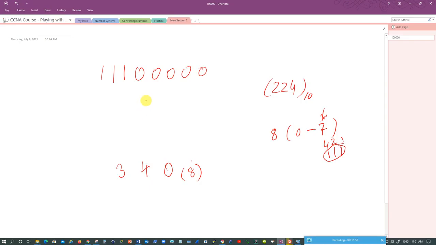Because I am converting now to hexadecimal and I know hexadecimal's highest digit is 15, and 15 can be represented using a maximum of 4 bits. Even if I take more than 4 bits, they are of no use, they will all turn to 0. So this is how it is represented. All 4 ones will become 15. 1, 2, 4, 8. 8 plus 4 is 12, plus 2 is 14, plus 1 is 15.